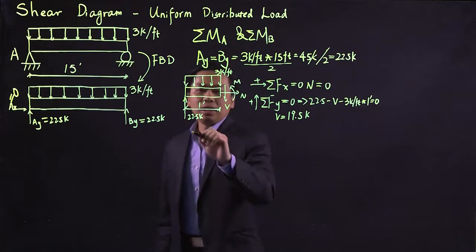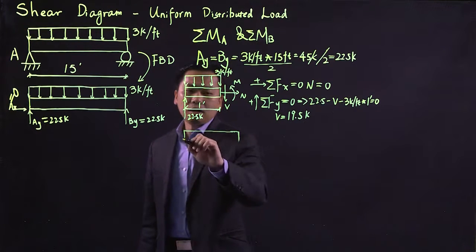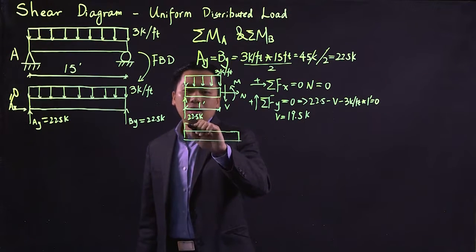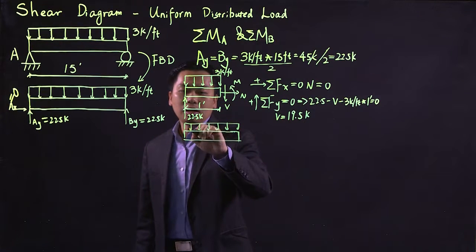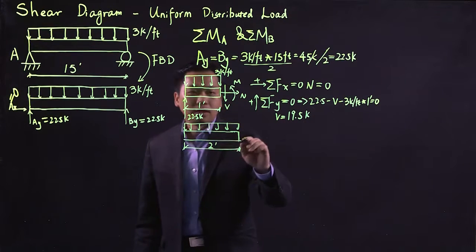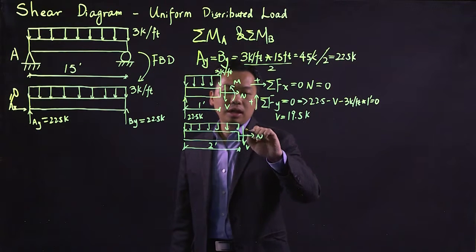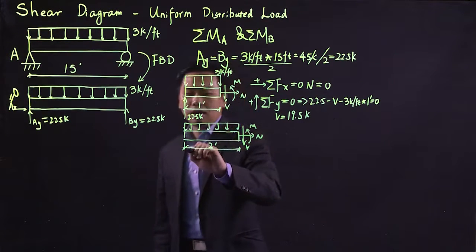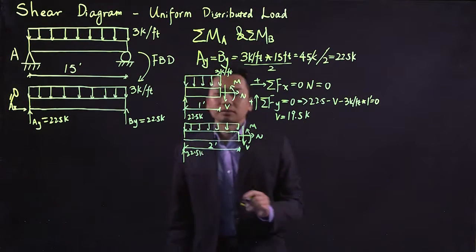We can do the same thing, cutting the section at 2 feet. Same thing, we're going to have the shear, axial, and moment, and we have this 22.5 kips on the left side.